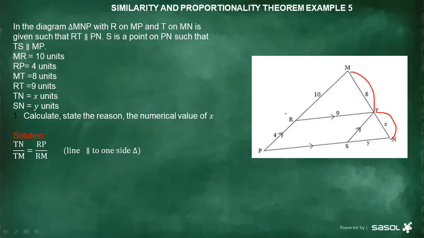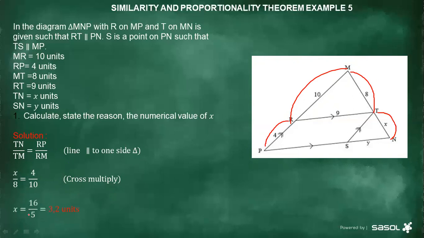And on the other side we have RP, which is 4, and MR, which is 10. Then we cross multiply and divide. It's going to give us 16 over 5, which is 3,2 units. That is the value of X.